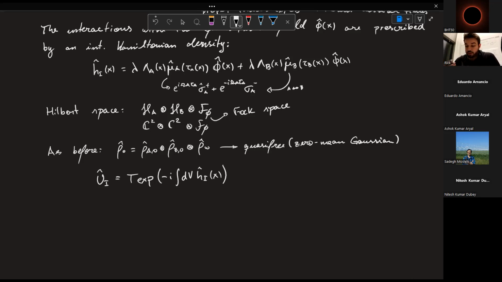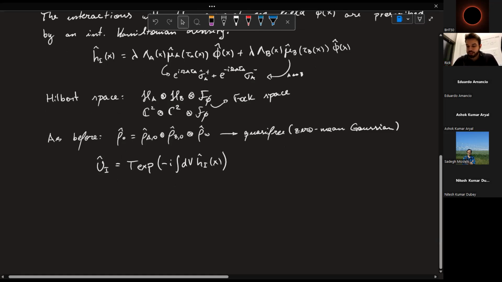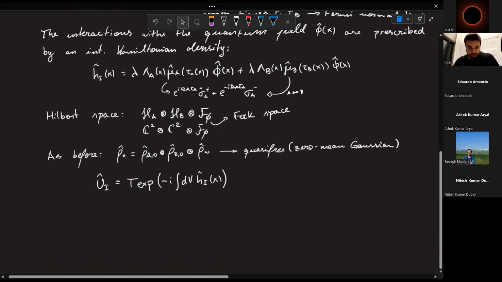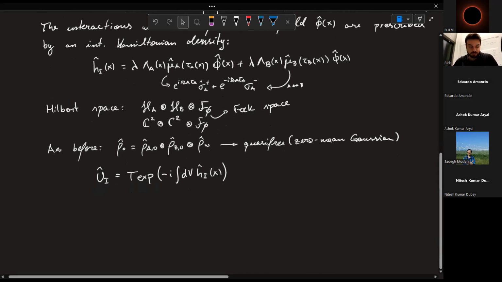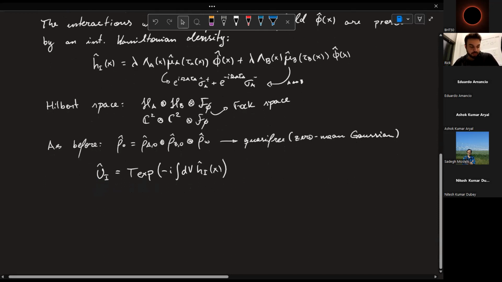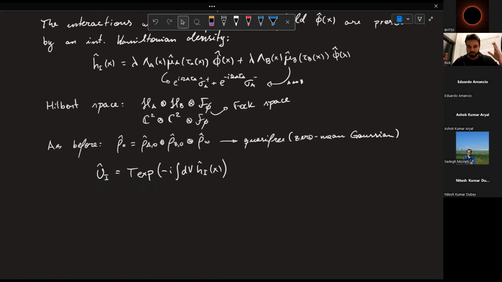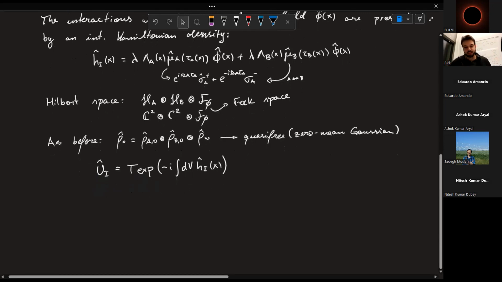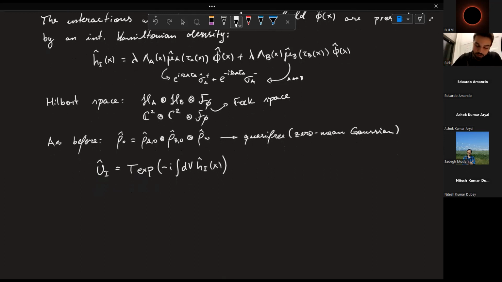Now, what is the time parameter that you pick to time order this? This matters very little, but it matters. We're not going to talk about this for now. We're just going to pick any time parameter and pretend that it's correct, and we're going to discuss the issues with this in the last lecture. But for now, let's just implement things and compute what we need to compute.